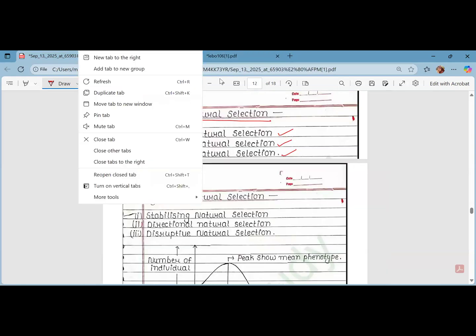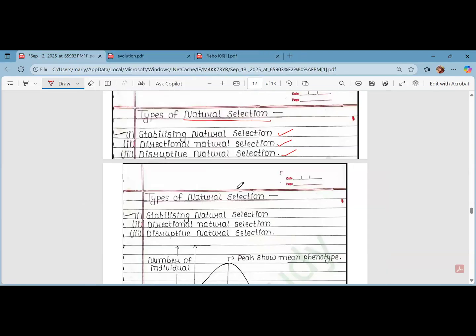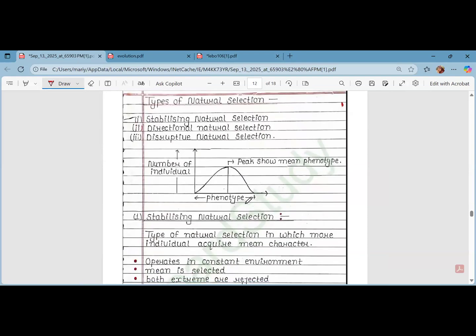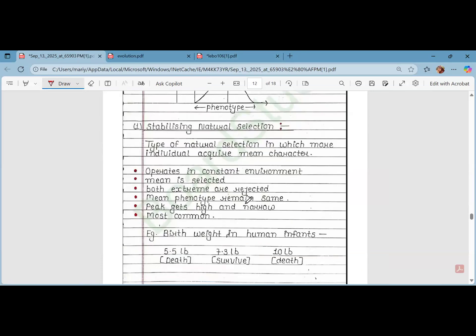Now after that, let us see how this happens. So there is the stabilizing type, then directional, then disruptive. Stabilizing natural selection is the type of natural selection in which more individuals acquire a mean value. Mean means the average of two or more values.